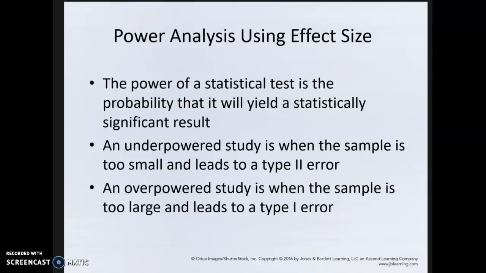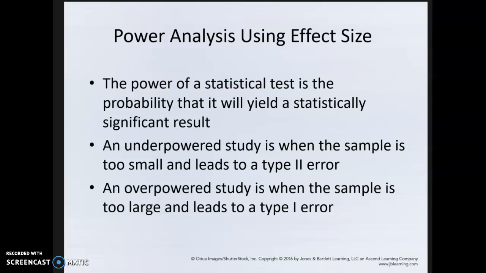The power of a statistical test is the probability that it will yield a statistically significant result. An underpowered study is when the sample is too small, and that can lead to a type 2 error.